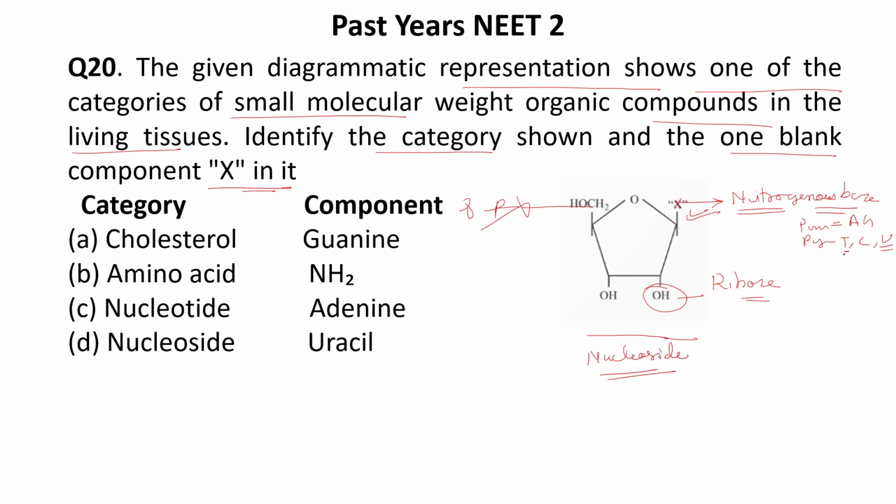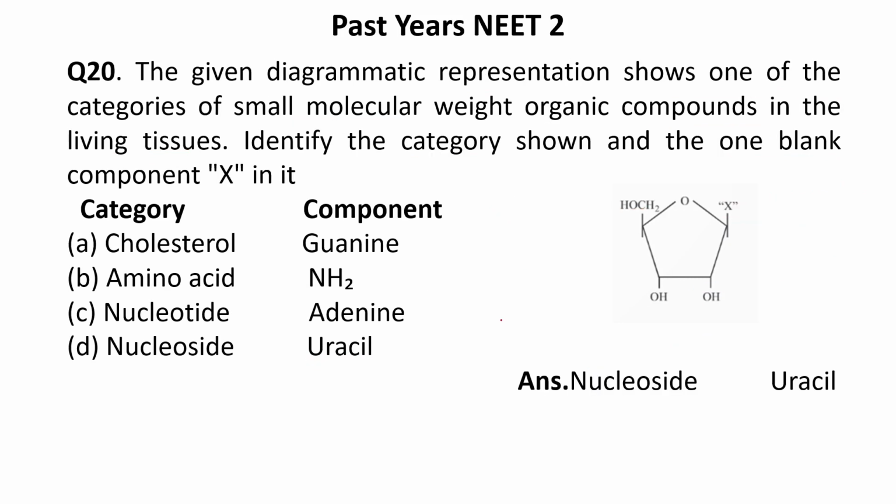In case of RNA, instead of thymine there is uracil. So nucleoside is the correct category of this whole structure. And X is a nitrogenous base, and here uracil is the nitrogenous base. So the correct answer is nucleoside and uracil.